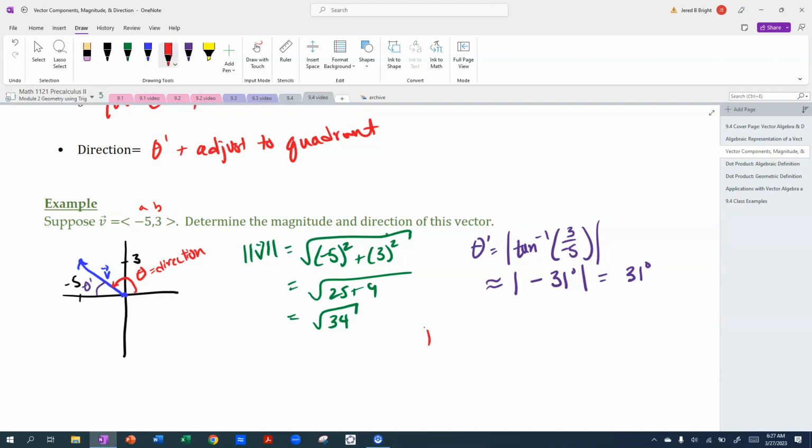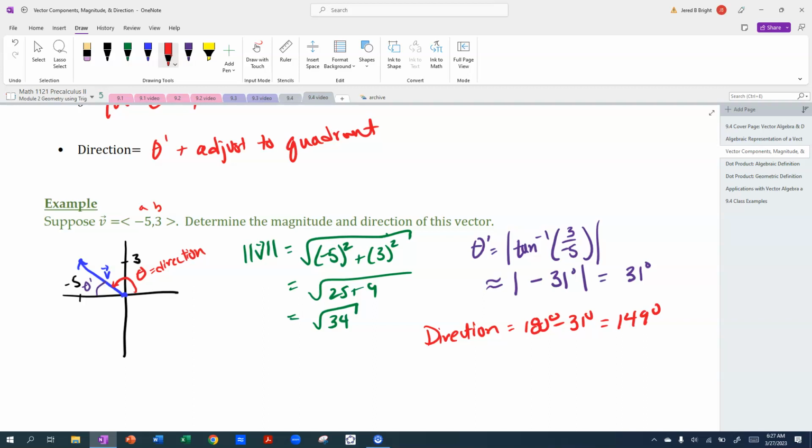Then to calculate the direction, I have to take theta prime and adjust it to the correct quadrant. So since I'm in quadrant 2, the direction is going to be 180 minus my reference angle, because I'm 31 degrees above the negative x-axis, which is 180 degrees. So then doing this arithmetic, I believe I end up with 149 degrees.